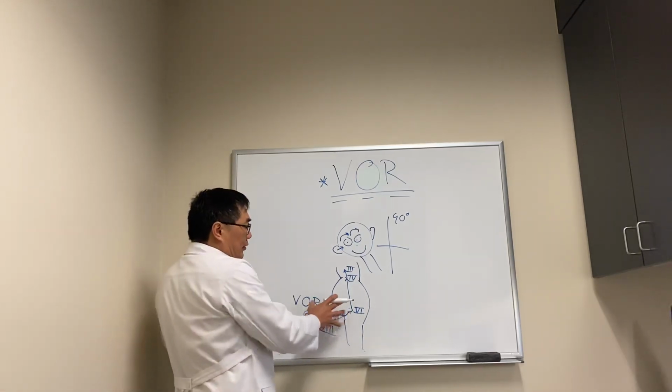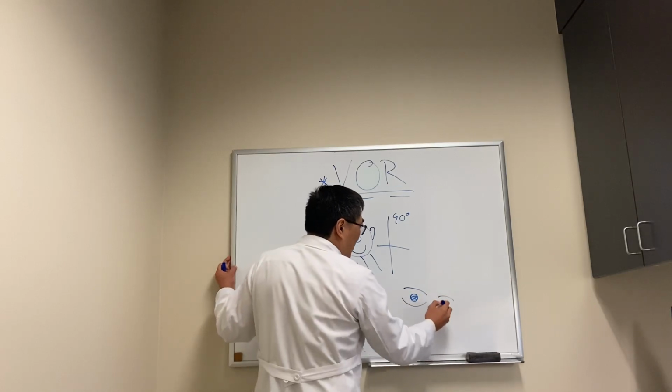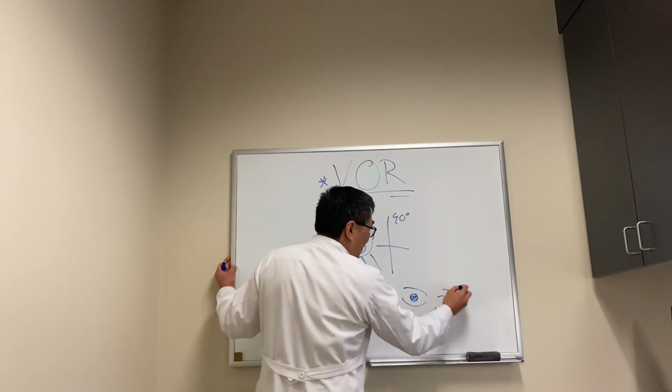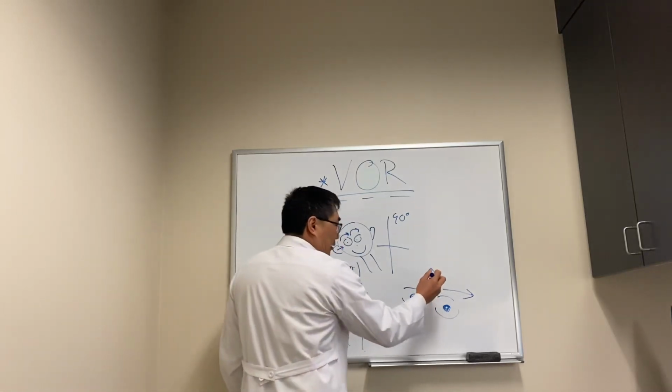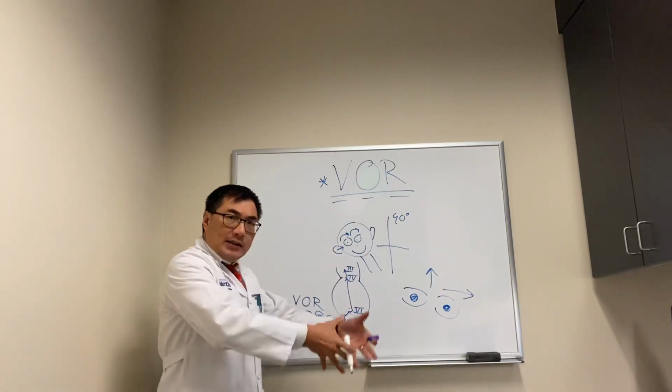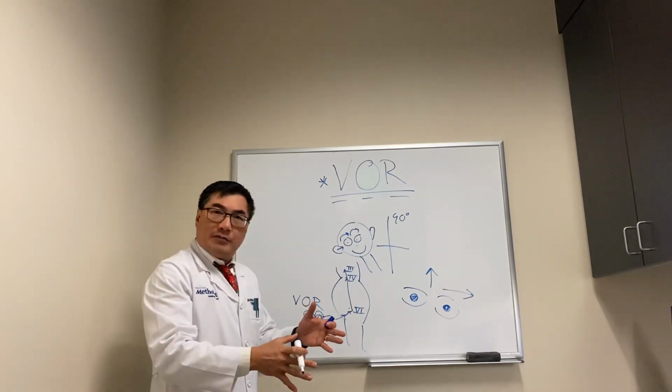And the way we can use this is called the doll's head maneuver. So if someone can't look to one direction, either horizontally or vertically, we can rotate their head passively, and that will initiate the vestibular ocular reflex.